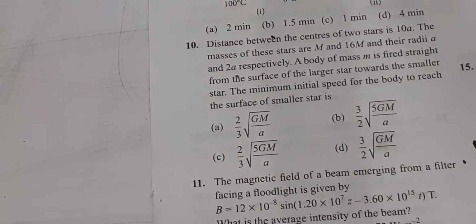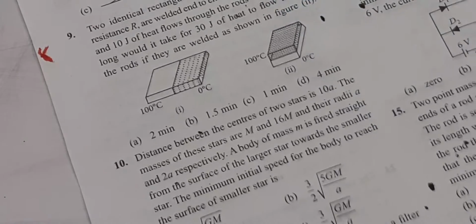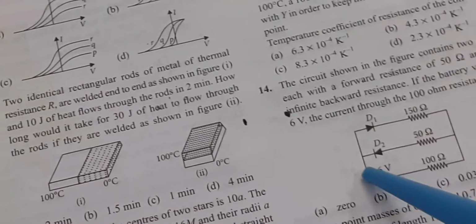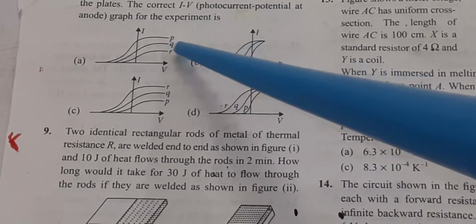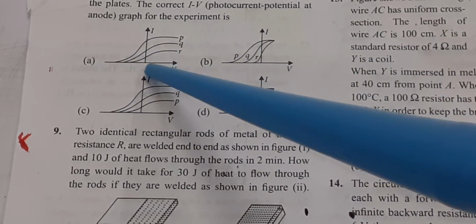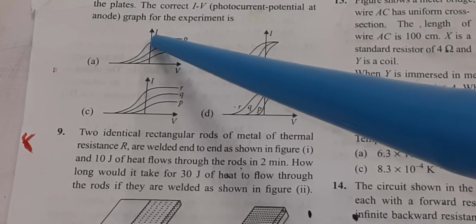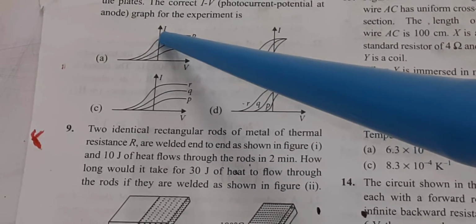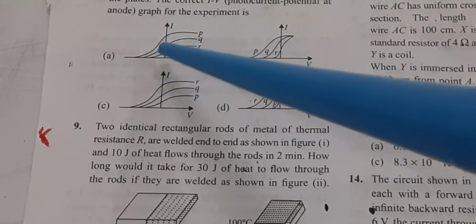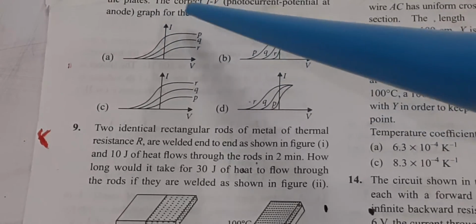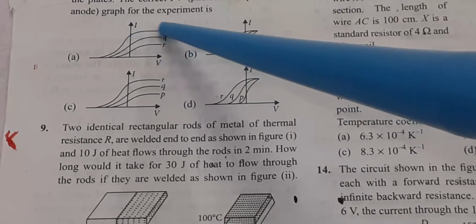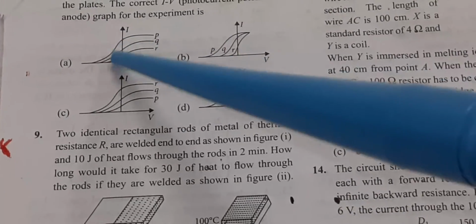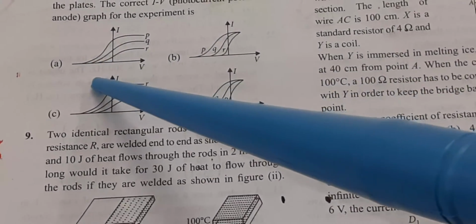So if you see this plot here, metal P will have a higher saturation current, because lowest work function means it can use most of the energy to release maximum current. Saturation current will be more, as well as stopping potential will be more.